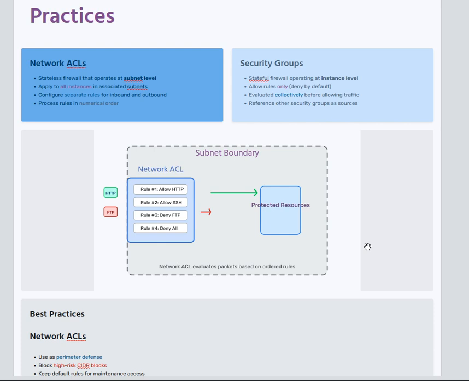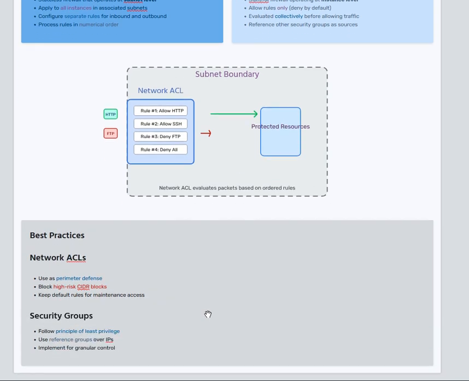Rule three is deny FTP, and then rule four is deny all. So according to this, packets are evaluated based on ordered rules, and they evaluate both inbound and outbound traffic.